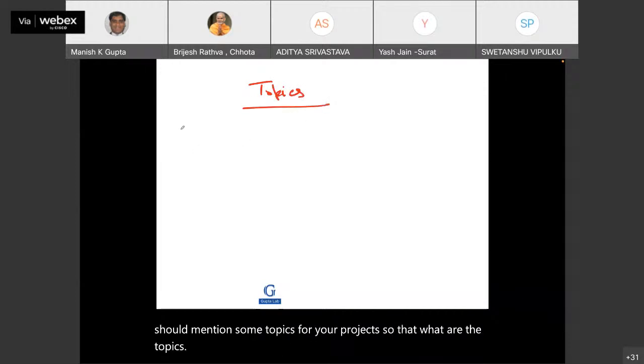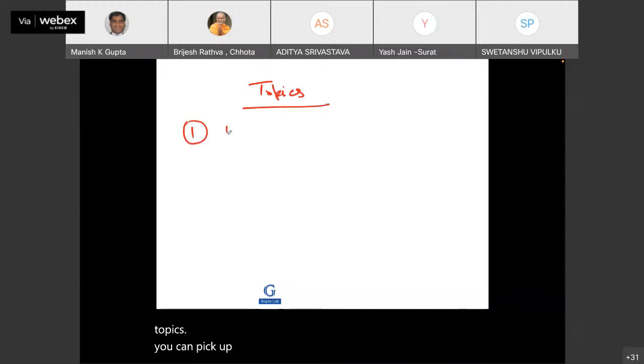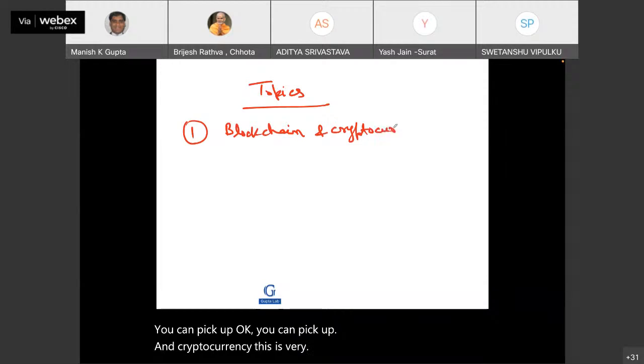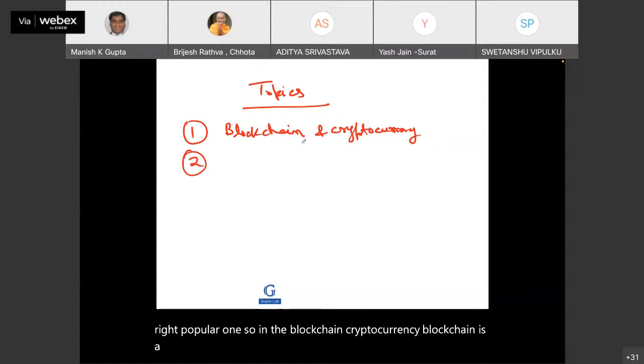Okay, you can pick up blockchain and cryptocurrency. This is a very popular one. Blockchain is a very basic idea applied to so many places.